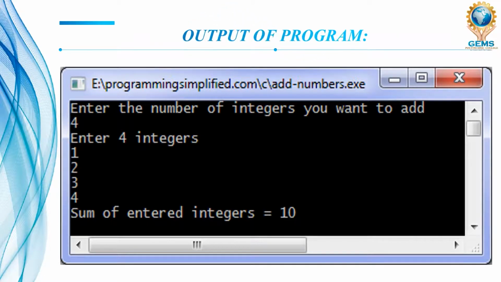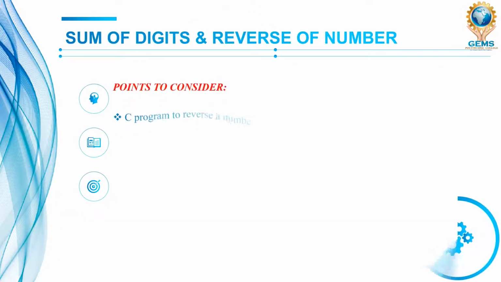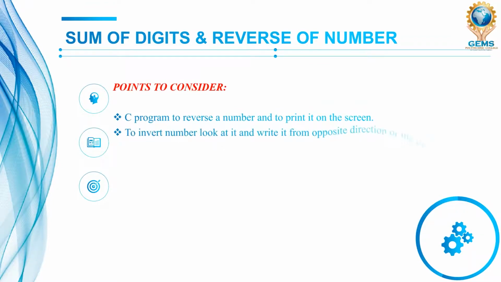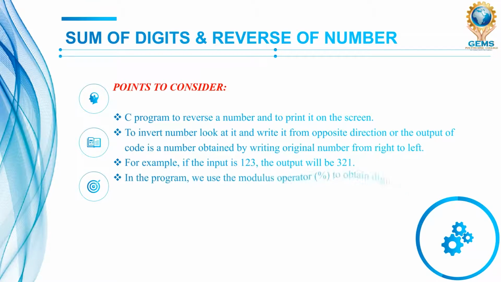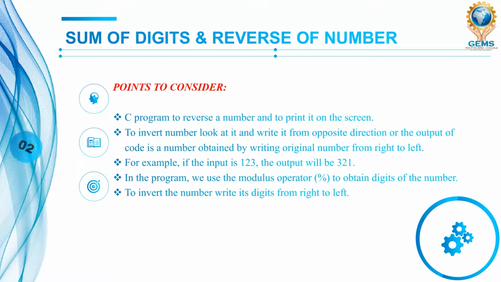Now we will see the second program here, the summation of digits and reverse of number. This is the second program for us. While going to perform the second program, we must keep some points in our mind. So first, what are we going to keep? C program to reverse a number and to print it on the screen.